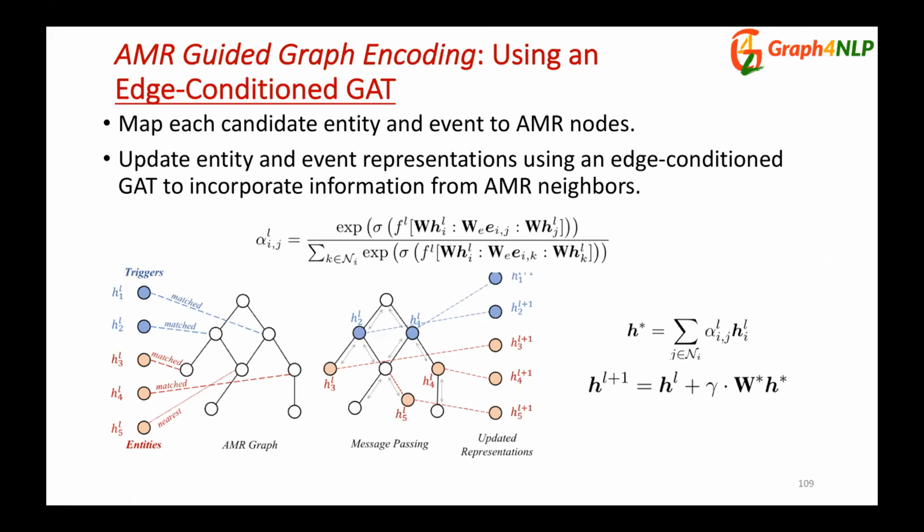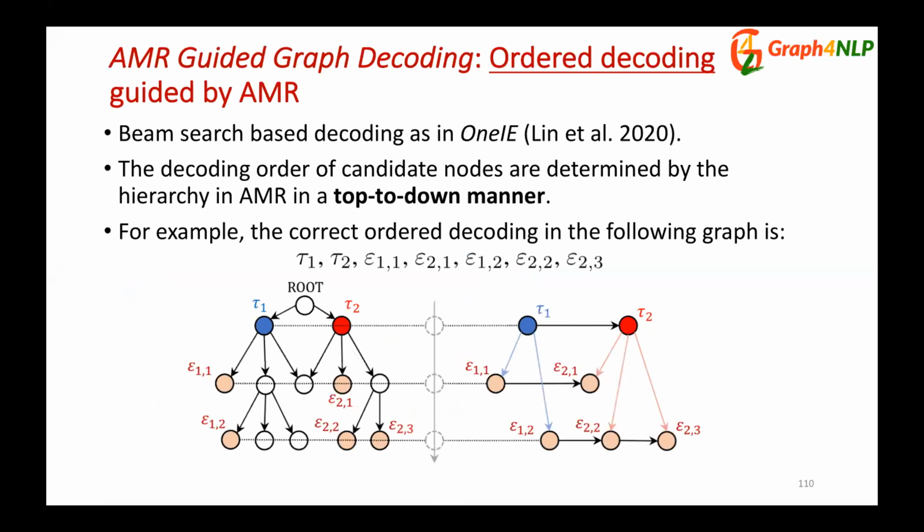In this way, we can effectively incorporate all the information from all the neighbors of each node and do message passing through the graph. So that's about encoding. And also for decoding, since now we have this AMR graph serving as our intermediate representation, we can do decoding in this graph instead of the sequence.